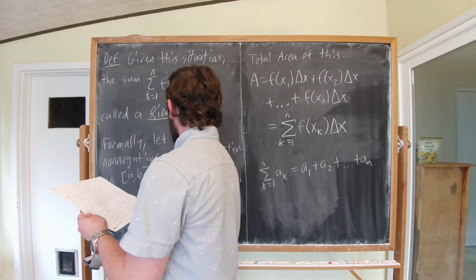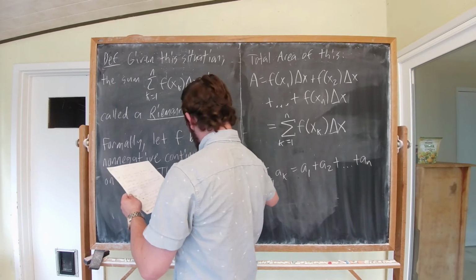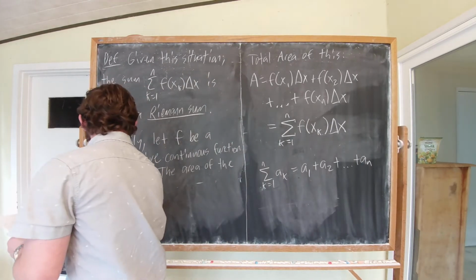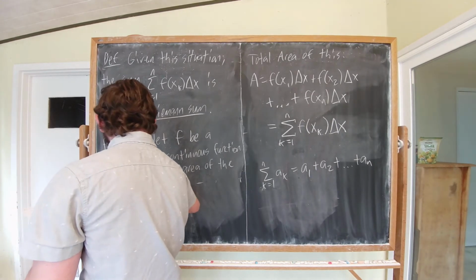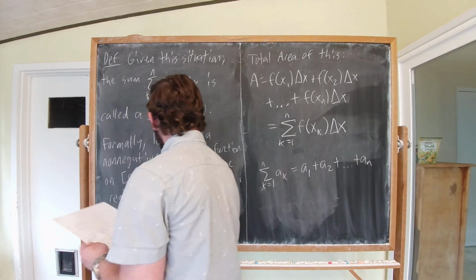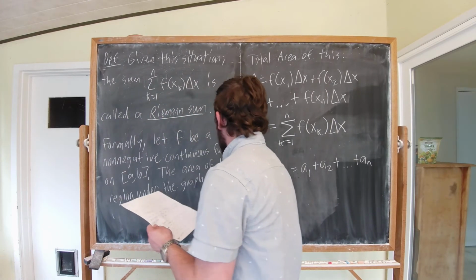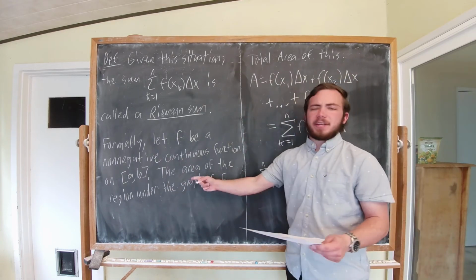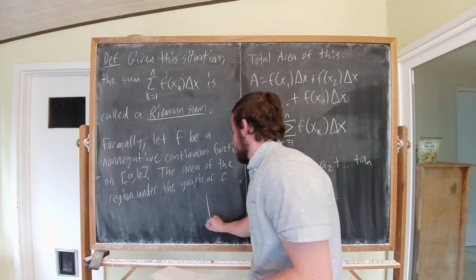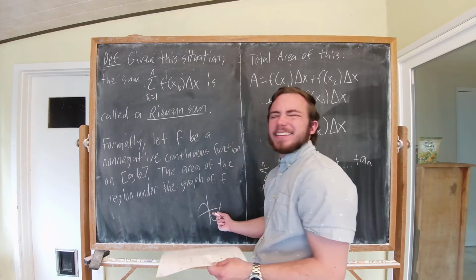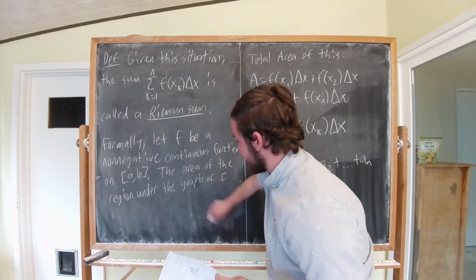The area of the region under the graph of f, and because f is always greater than or equal to 0, it makes sense to talk about under as below, right? Because if f were to cross the axis, then how do I make sense of that? We will deal with that though.